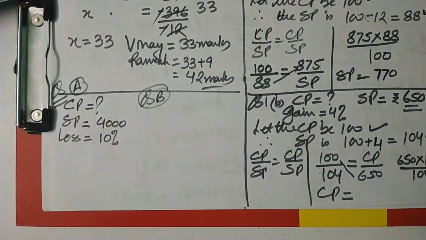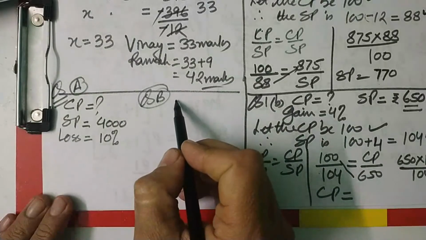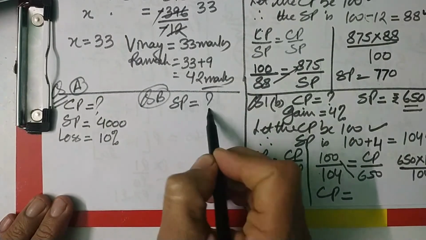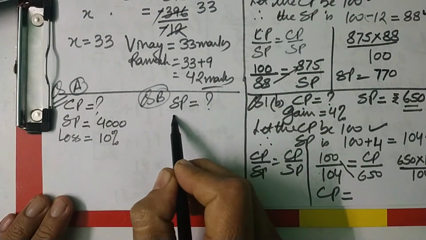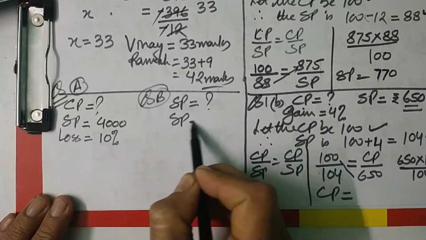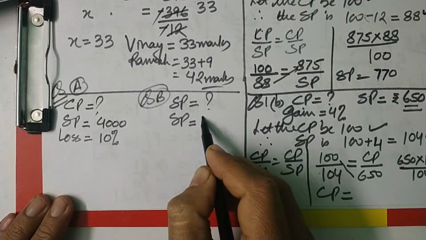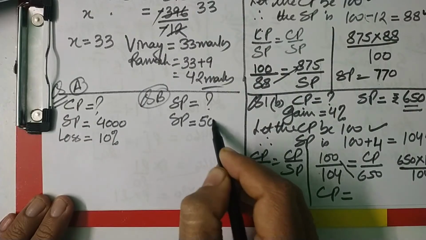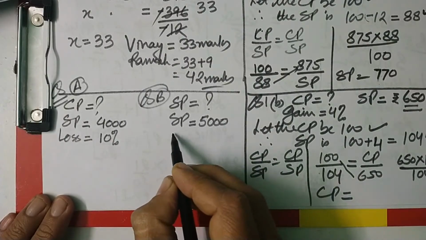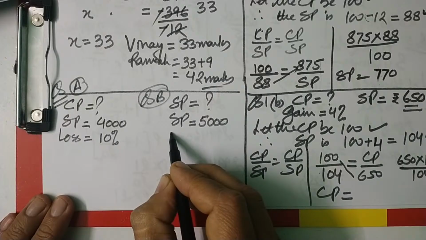So I am giving you two questions for practice where selling price is to be found. Here selling price is given 5,000 and there is gain.